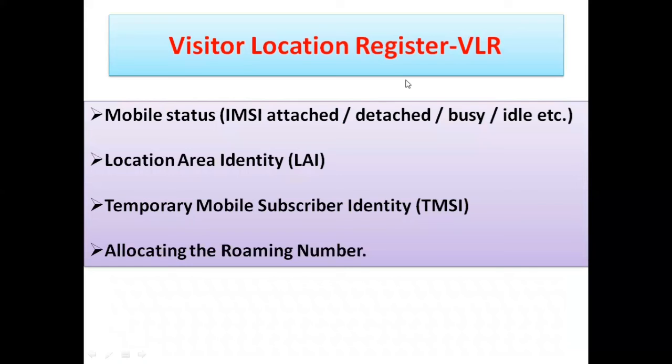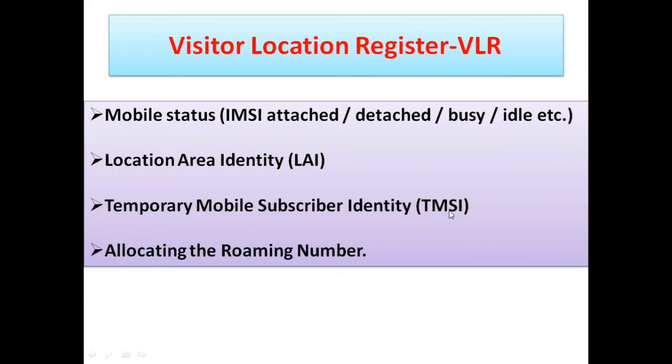Visitor location register. Here the user information is temporarily available in the VLR, and periodically it gets updated in the HLR. This VLR has the same identities as the HLR, like IMSI as well as location area identity, but it has another identity called the temporary mobile subscriber identity, TMSI.